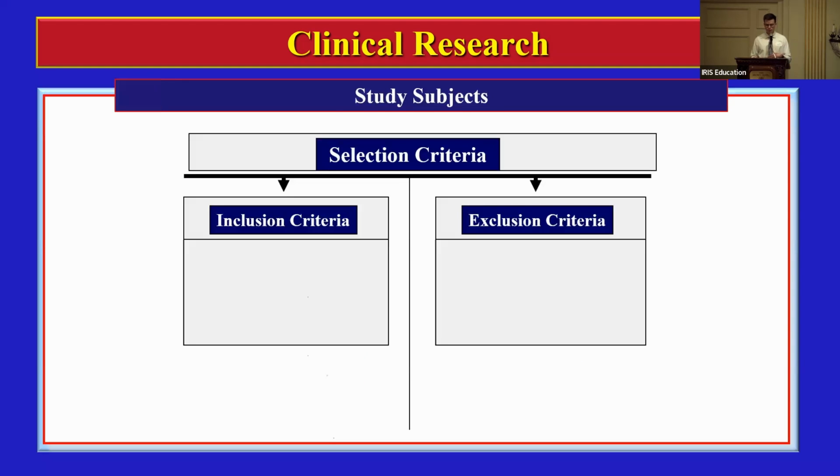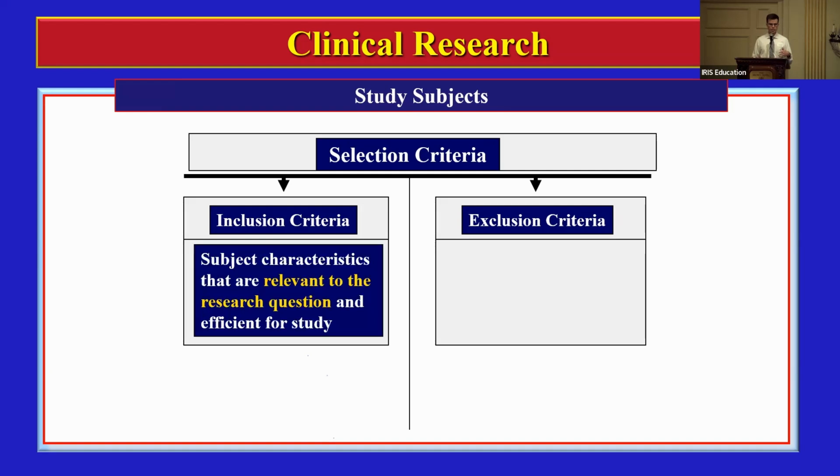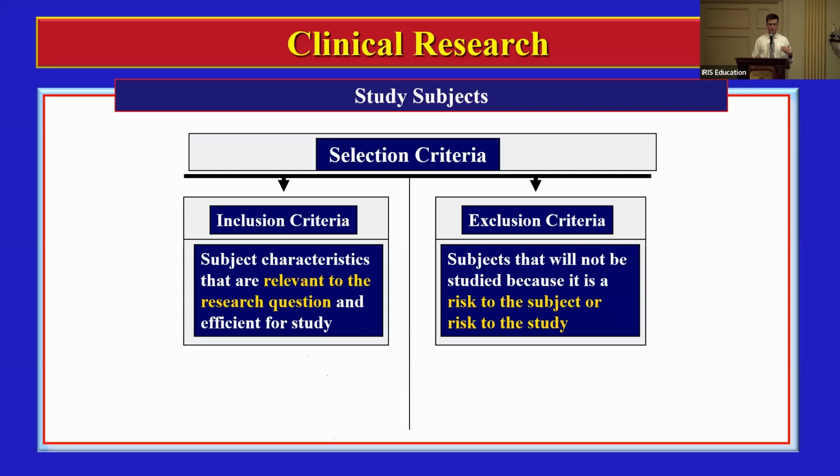Well, what we do is define a set of selection criteria, and they can be broken out into two main categories of inclusion and exclusion. So your inclusion criteria are going to help you stay within the setting of your research question. And your exclusion criteria are going to exclude those patients whose participation in your research poses a risk to those subjects or to your study results.